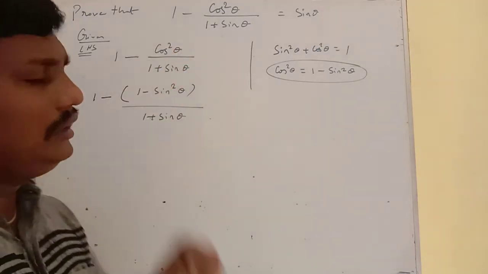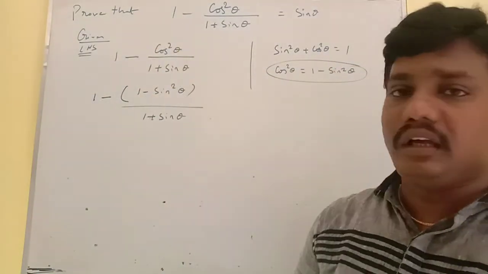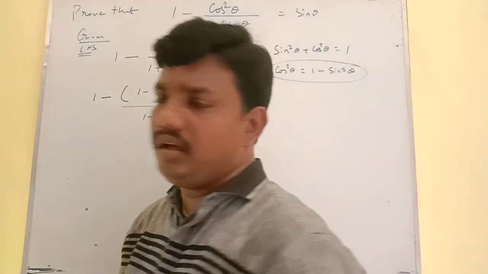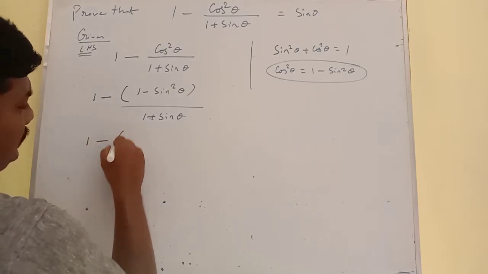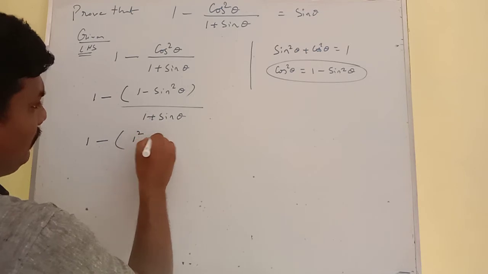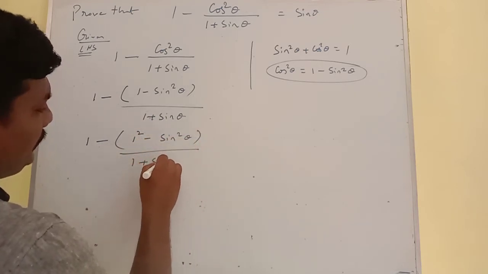So I am going to use cos square theta plus, we are replacing cos square theta as 1 minus sin square theta based on the identity. Now we are going to use 1 minus, this is the a square minus b square formula, that is 1 square minus sin square theta by 1 plus sin theta.